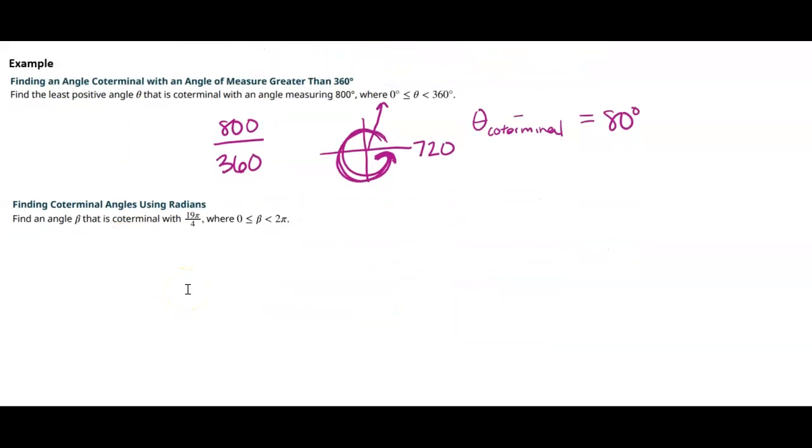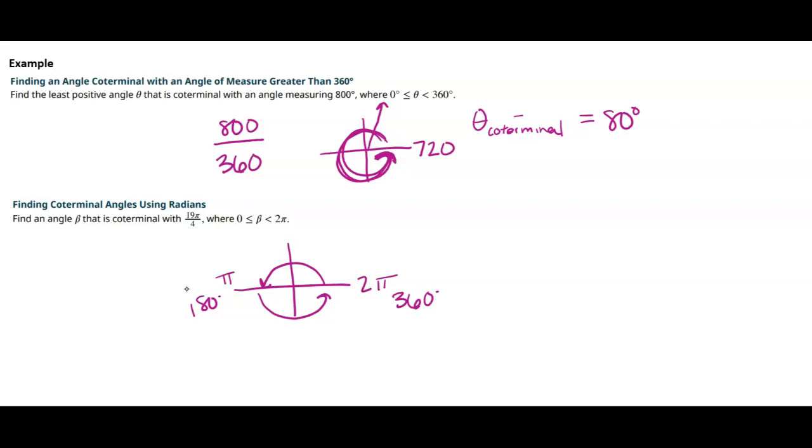All right, let's do this in radians as well. So remember on our circle, this is pi to get to 180 degrees. This is 2 pi to get to 360 degrees.